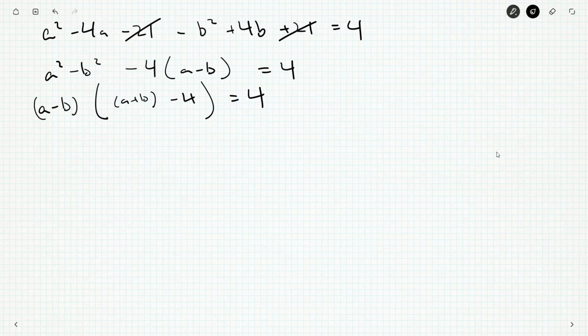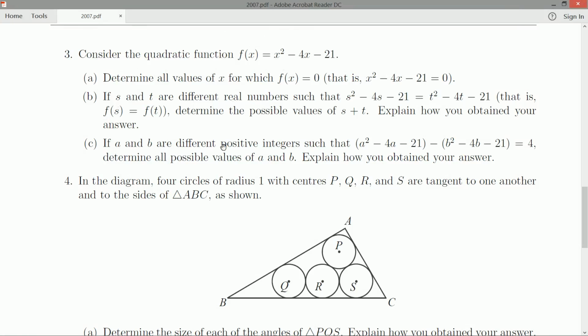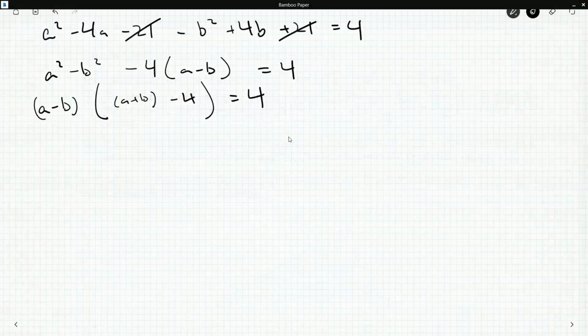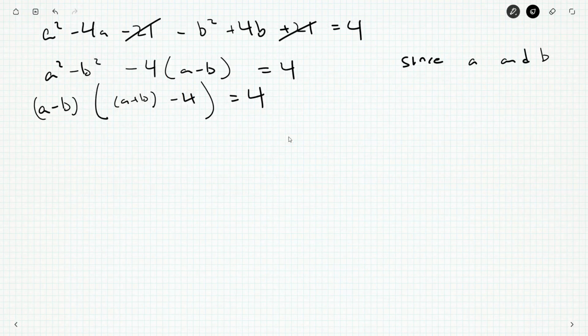So there's no zeros here, so there's not going to be specific answers. But we reread the question. They do say different positive integers. So since a and b are positive integers, a minus b is an integer.